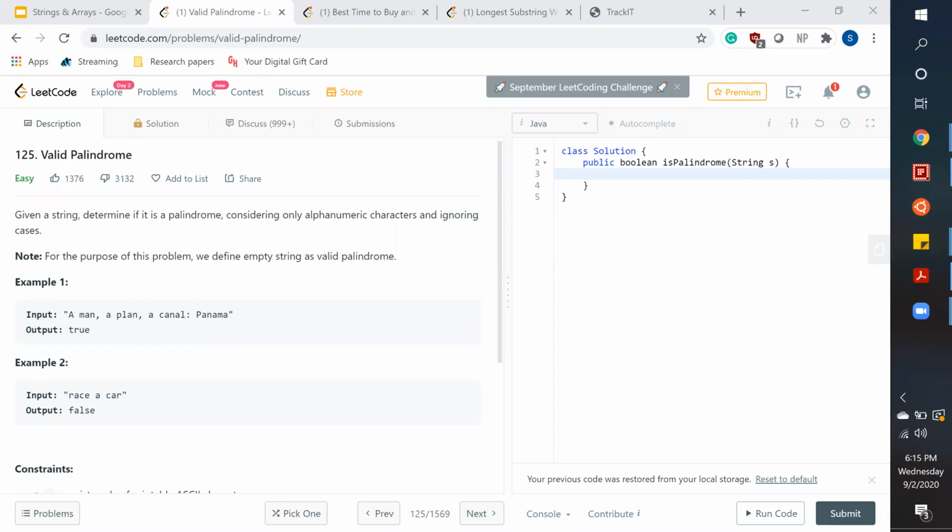So first, does anyone have any questions about the problem? Are you sure you understand it? Okay, I'm not seeing any questions. So what do you guys think? Do you have any ideas about solving it? I see someone said that the base case is an empty string.